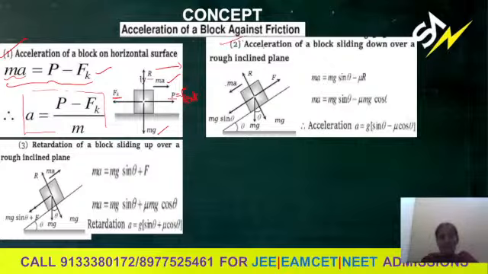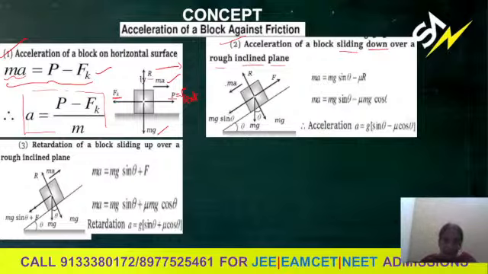Next, acceleration of a block sliding down over a rough inclined surface. Rough inclined surface means friction will come to play its role. See here, it is sliding down. Here we are given the components of forces acting on the object.